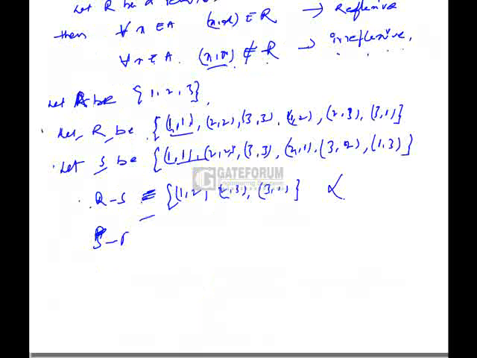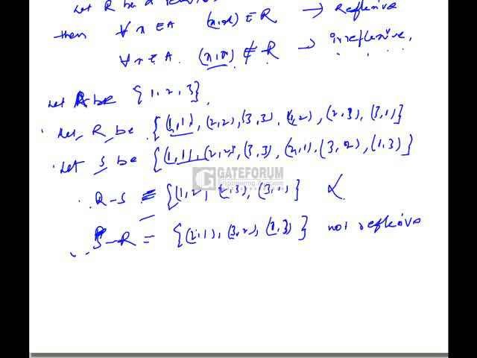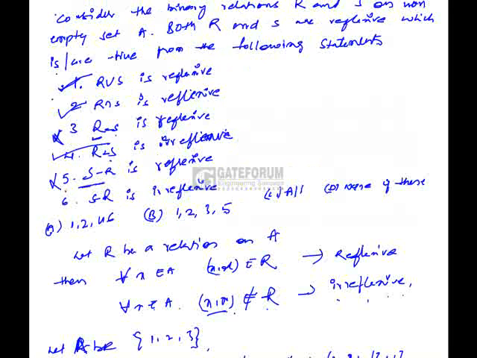S minus R consists of the elements that are present in S and not present in R. So we get (2,1), (3,2) and (1,3). The diagonal elements (1,1), (2,2), (3,3) are not present in S minus R. So this is not reflexive, and statement 5 is wrong.